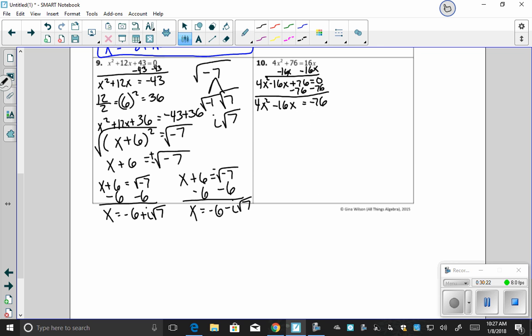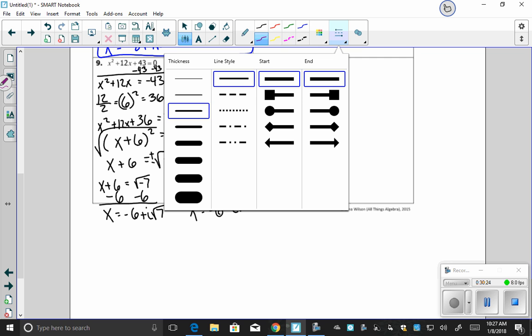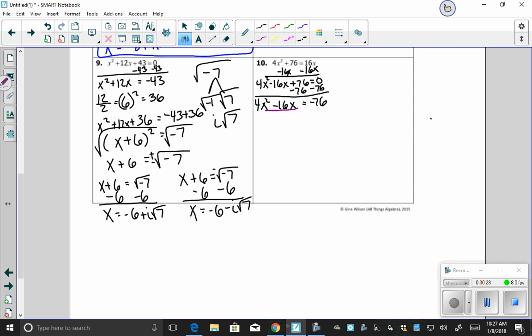The step that I skipped was to divide everything by my leading number. So it should have been x squared minus 4x equals negative 19.